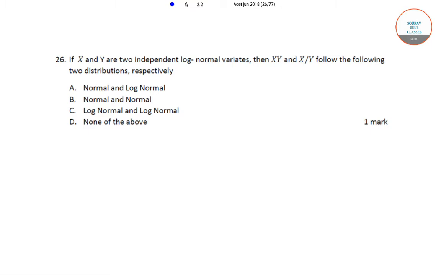The question is, if x and y are two independent log normal variates, then xy and x by y follow the following two distributions respectively. Now log xy is equal to log x plus log y, which will follow normal distribution.